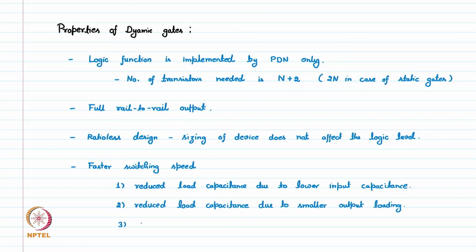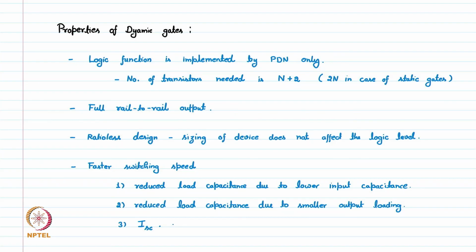And third, there is no static current in the circuit, because when we have the pre-charge clock, the load is pre-charged and then the PMOS is turned off. So even if the input signal is transitioning, there is no time window for which the pull up network and pull down network are both on.